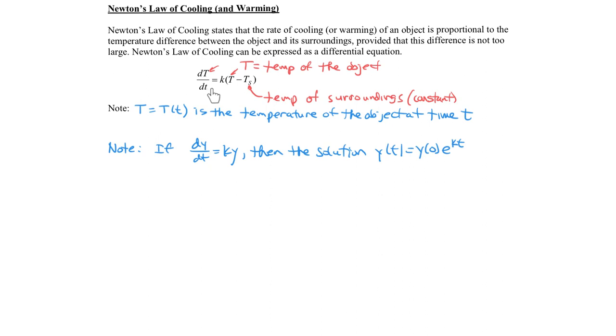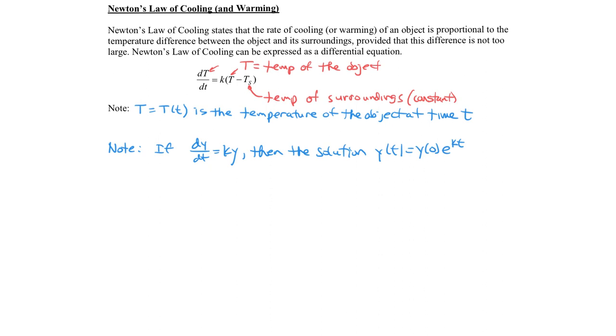Well, this looks fairly similar. We've got this change in temperature with respect to time, and it's proportional to the difference between the temperature of the object and the temperature of the surroundings. So it sort of looks like a familiar format.